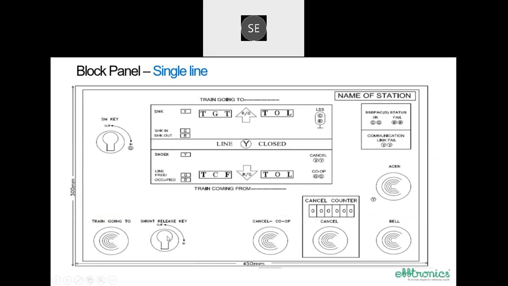If it is in, it means we are doing shunting here at the sending station, so that will block line clear. So this shunt release key shall be out for single line. SM key must be in and shunt release key should be out. If it is in, it enables shunting of a train within the same station. So it must be out for getting a line clear.